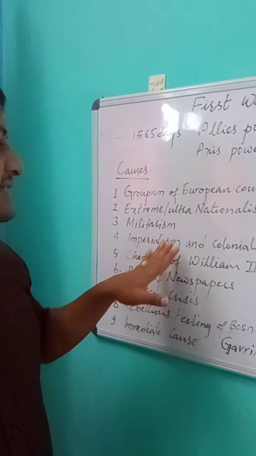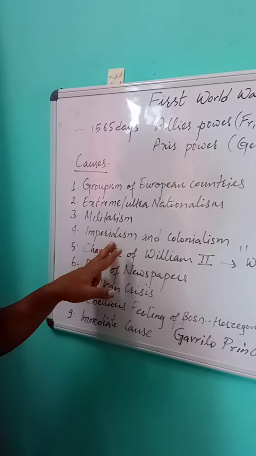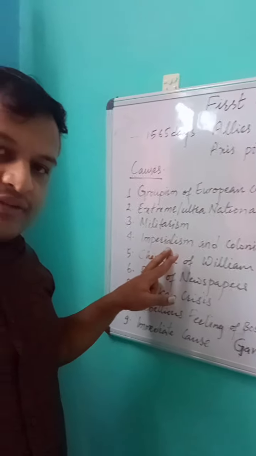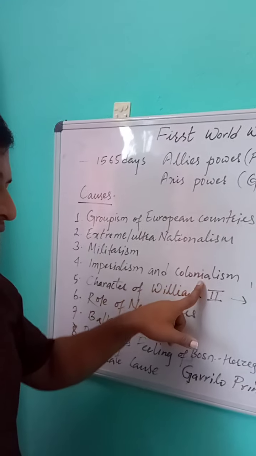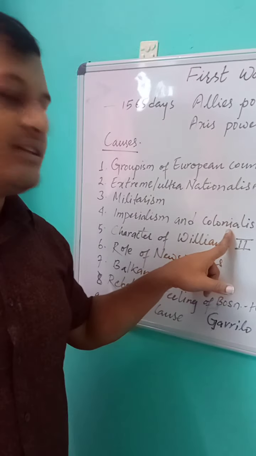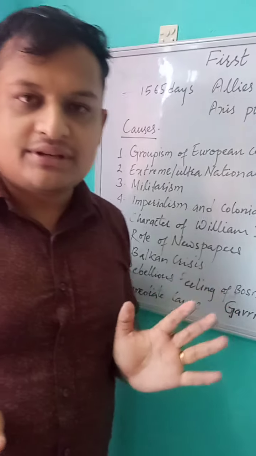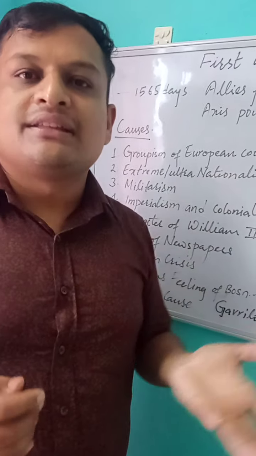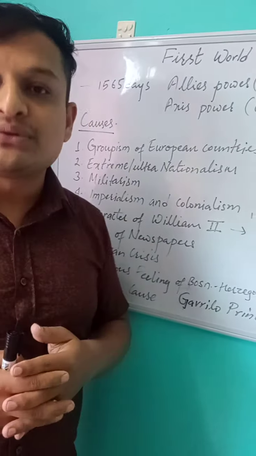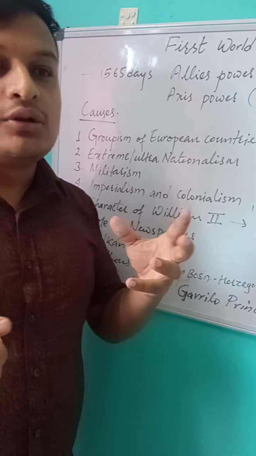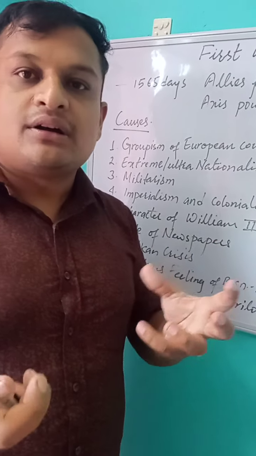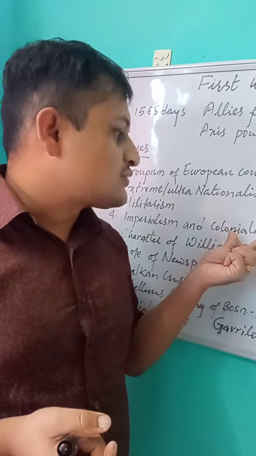Next is imperialism and colonialism. Imperialism means domination of one over the other. Colonialism means rule by one country over the other. During that time, the European countries, in the name of extending their business after the industrial revolution, were looking for places to take under their control and establish colonial rule.